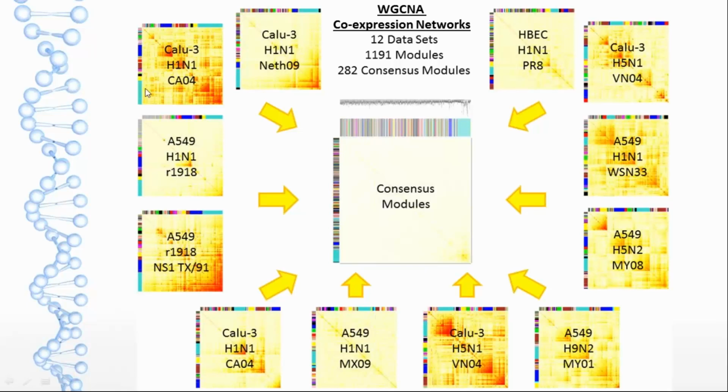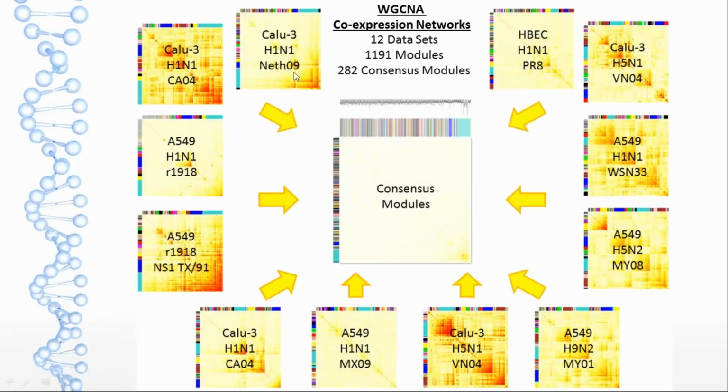We used WGCNA and again built these 12 co-expression networks. The small color bars on the side indicate co-expression modules, which we already know from WGCNA: small clusters of genes that are expressed together and assumed to have similar function.